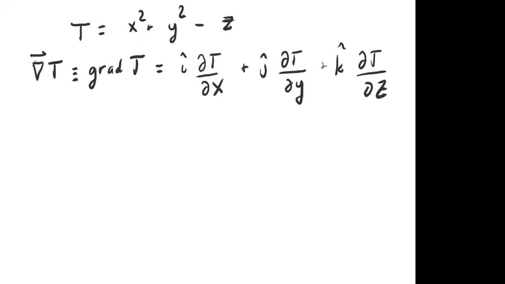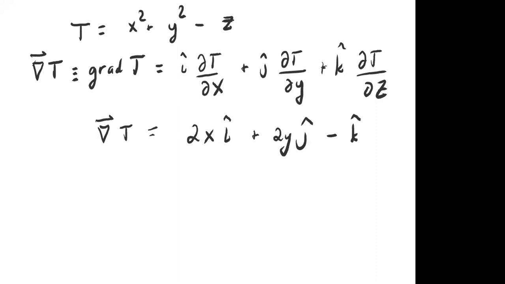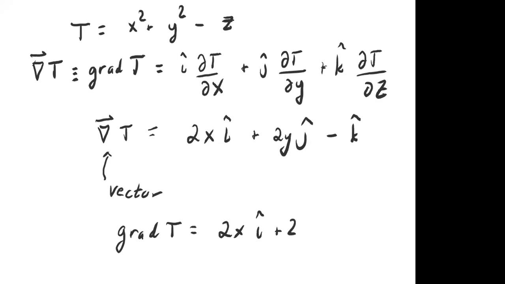I know how to evaluate these partial derivatives. You know how to do it. And you should convince yourself the answer is 2x i hat plus 2y j hat minus 2z k hat. So the gradient of a scalar function is a vector. And another way to write this is the gradient of T is just 2x i hat plus 2y j hat minus 2z k hat. So that's the easy part.